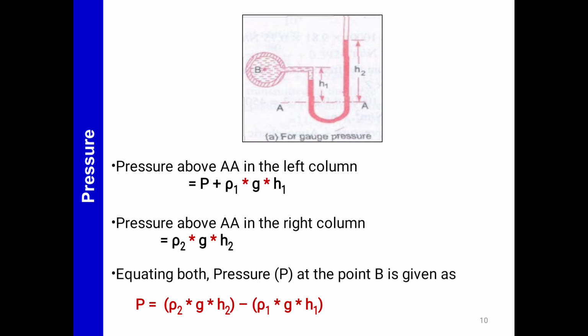Similarly, the pressure above AA in the right column is equal to ρ2gh2. Hence, by equating the two pressures, we get p = ρ2gh2 − ρ1gh1.